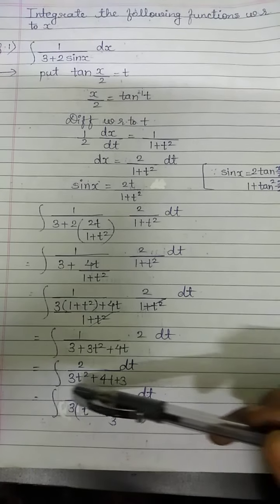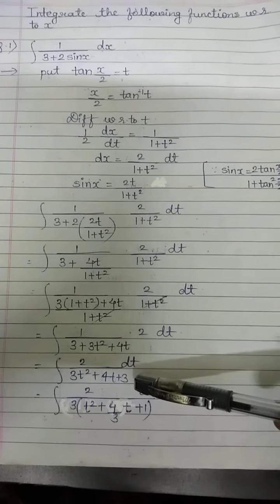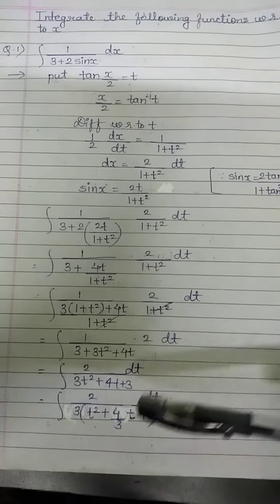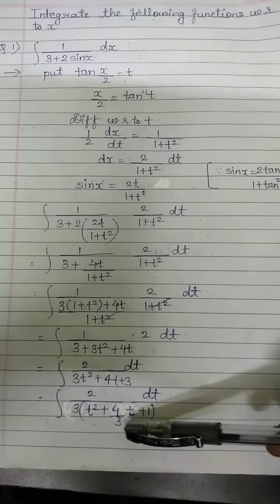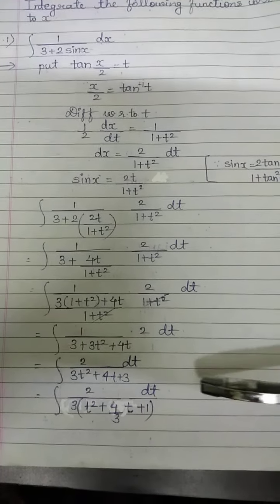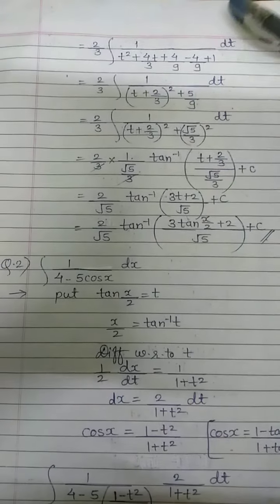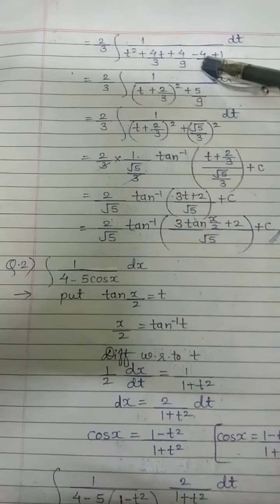So here we need to convert this in terms of perfect square. If we take 3 common, then we will get t square plus 4 upon 3t plus 1 dt. Now as we require the perfect square, for that we add and subtract 4 by 9 from this term.